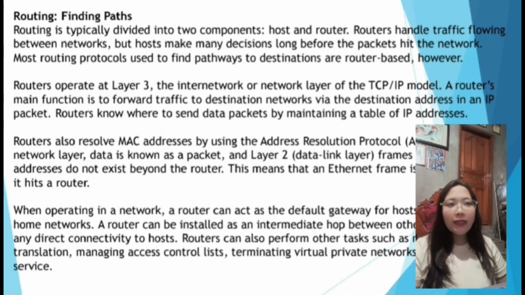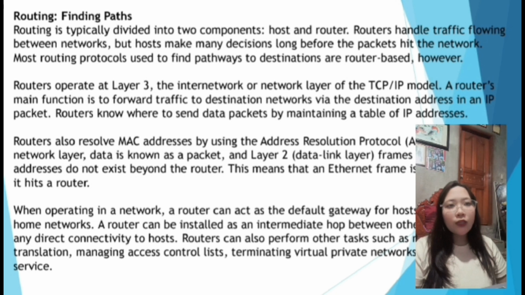Routing. Finding paths. Routing is typically divided into two components: host and router. Routers handle traffic flowing between networks, but hosts make many decisions long before the packet hits the network. Most routing protocols used to find pathways to a destination are router-based.